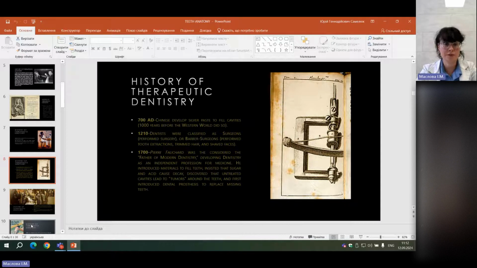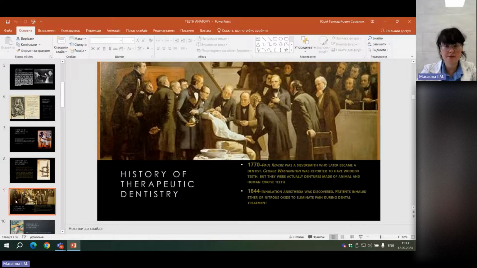He introduced materials to fill teeth, insisted that sugar and acid cause decay, and discovered that untreated cavities lead to tumors around the teeth, and first introduced dental prosthetics to replace missing teeth. He was the father of dentistry.